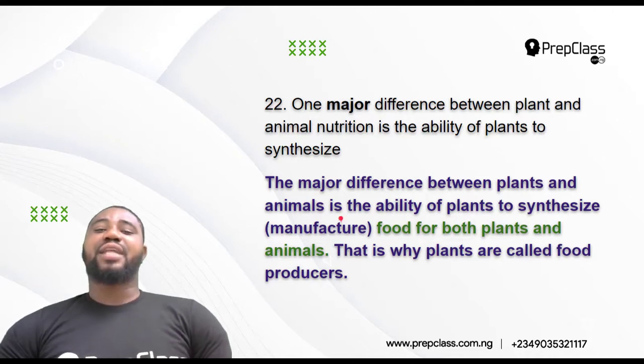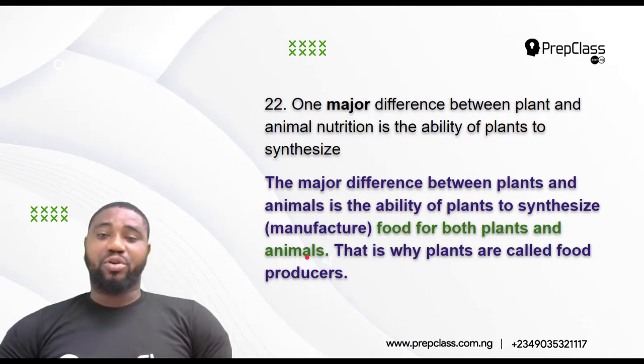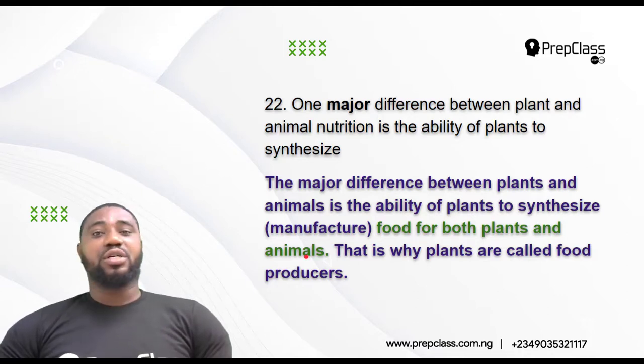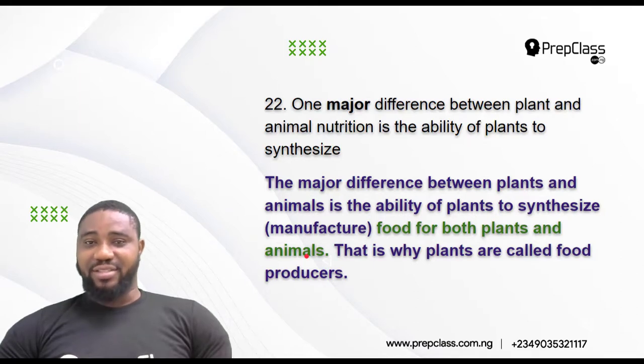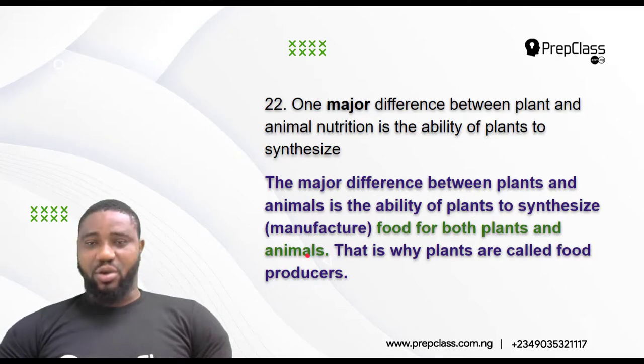Now you must know that food that is manufactured is for both the plants and the animals, because animals feed on ready-made food. They depend on plants directly or indirectly. For example, zebra that feeds on grasses depends on grasses for food. Yes, lion may not depend on the grasses, but lion feeds on the zebra that fed on the grasses.